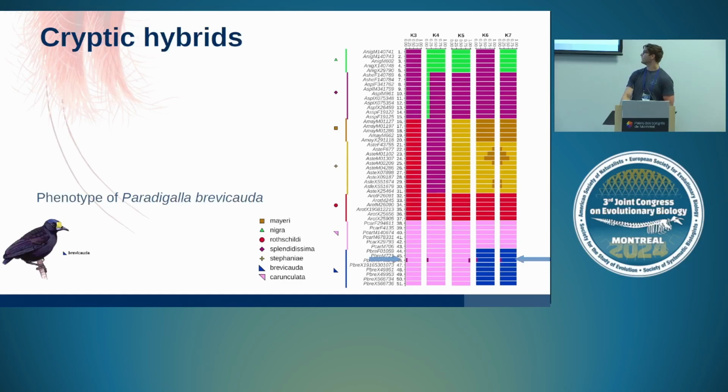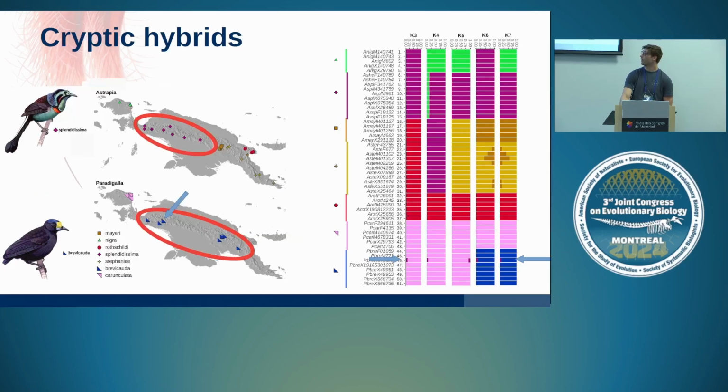So we have one presumed hybrid here between Paradigalla brevicauda and Astrapia splendidissima, which has a sliver of admixture proportion from splendidissima.